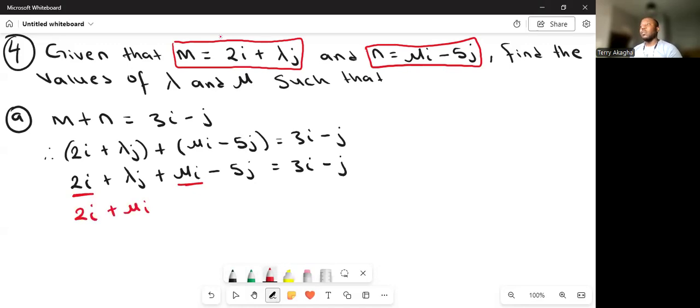Are you seeing it? Then we can collect all the j's together. So we have lambda j and minus 5j. So it's going to be plus lambda j minus 5j. And all this must be equal to 3i minus j.